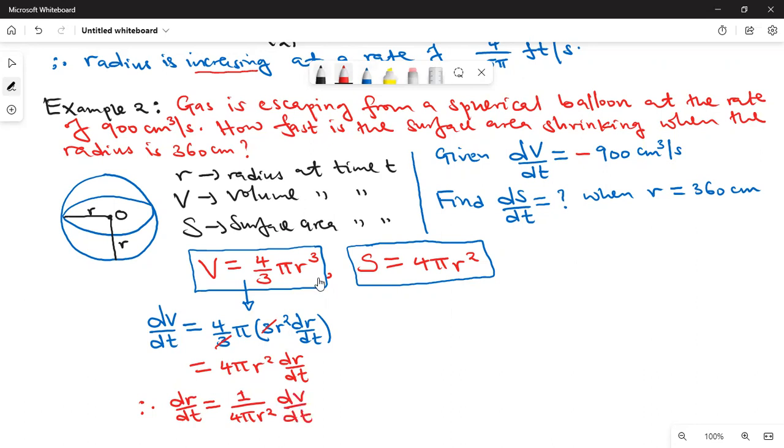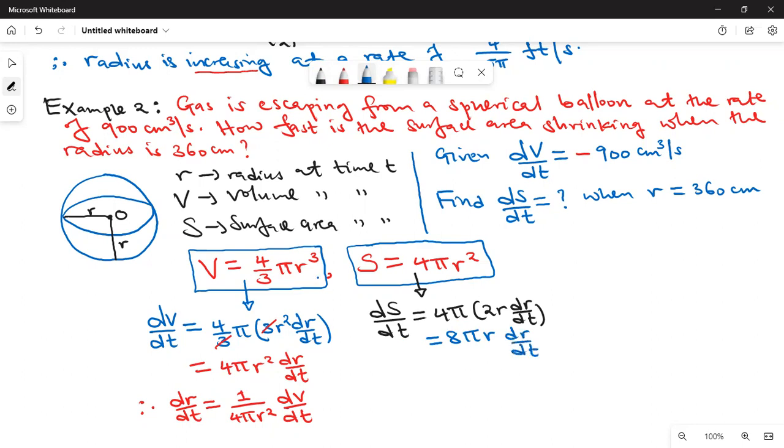Let's do the same to the other equation. If I differentiate S, we get dS/dt is equal to 4 pi times 2r times dr/dt. If you simplify, you're going to get 8 pi r times dr/dt.